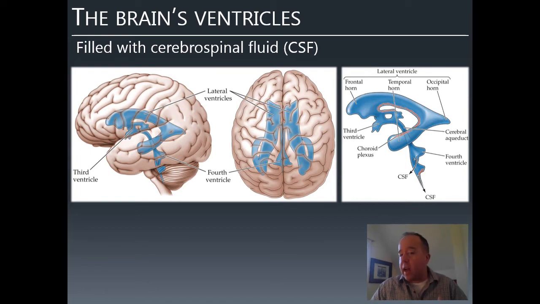It does not sit in air. If it did, your brain would collapse under its own weight. So this is a fluid in which the brain is buoyant. So when you slice the brain, whether it's coronal, whether it's horizontal, you will see those ventricles, and those are supposed to be there. That is not a brain injury.